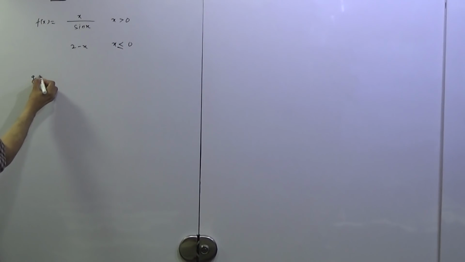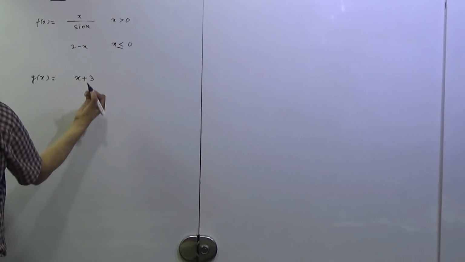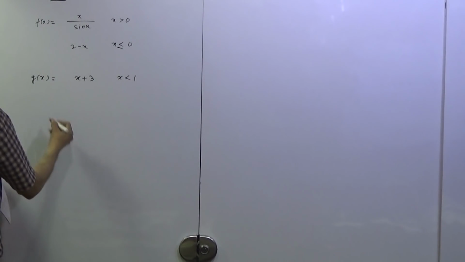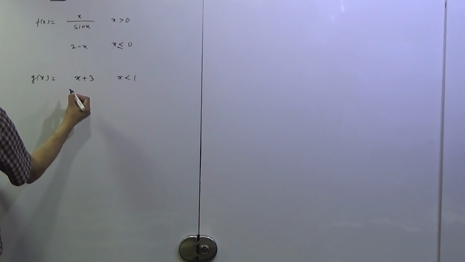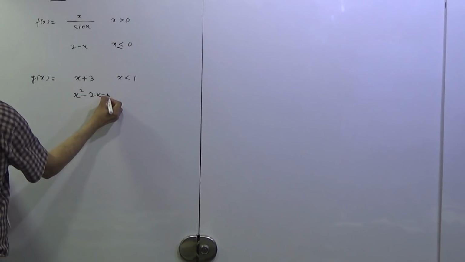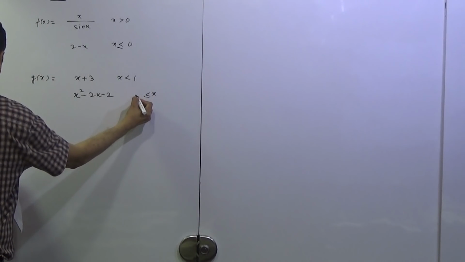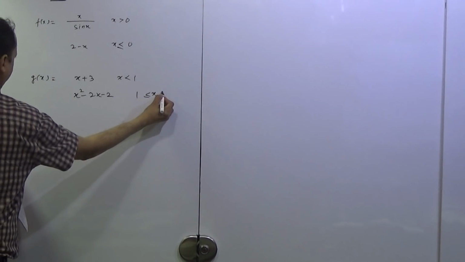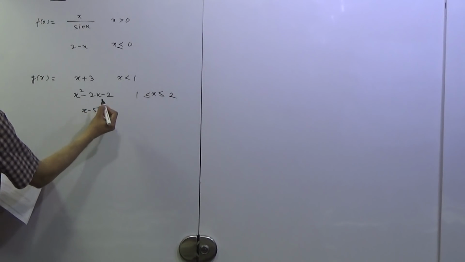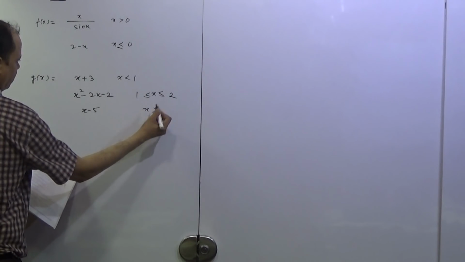You have been given g of x is equal to x plus 3 for x less than 1 and x square minus 2x minus 2 for x between 1 and 2 and x minus 5 for x greater than or equal to 2.